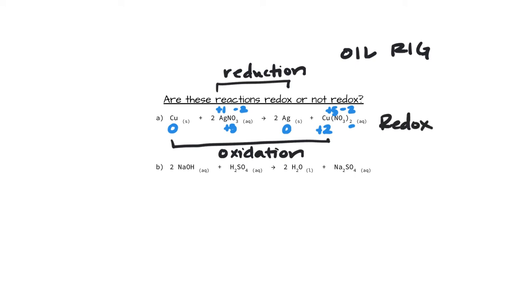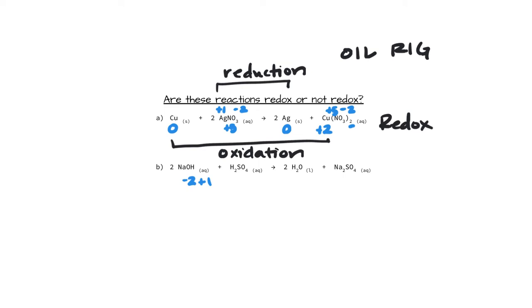So then I look at the second example here. Again, I have to assign oxidation numbers. I know that in this case, oxygen is going to be a -2 because it's the most electronegative. Hydrogen is going to be a +1 because it is acting as a +1 there, because I know that hydroxide has a -1 charge.